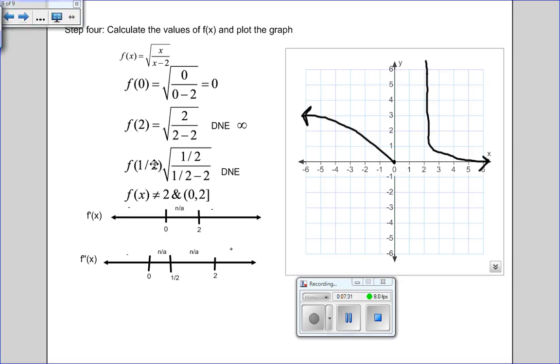Finally, we again tested that point right in between here and found that it does not exist. And remembering that our interval only runs from 0 to 2 in the range which no points exist, we are able to graph our function. Looking here, we see it is decreasing, and it has a downward concavity.